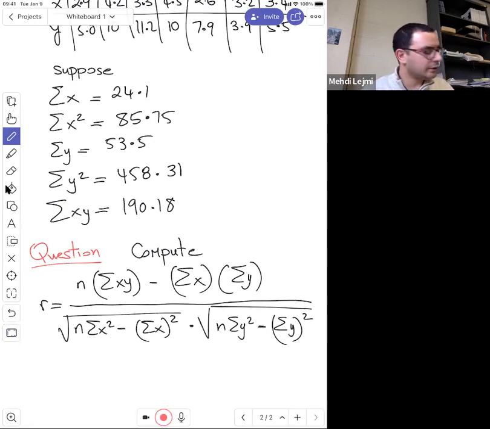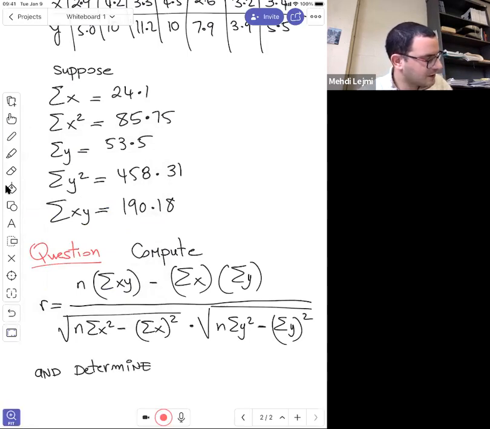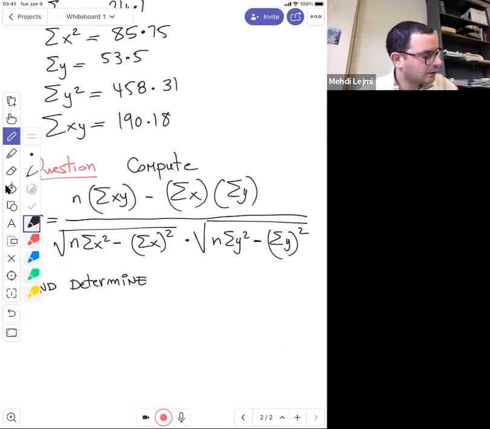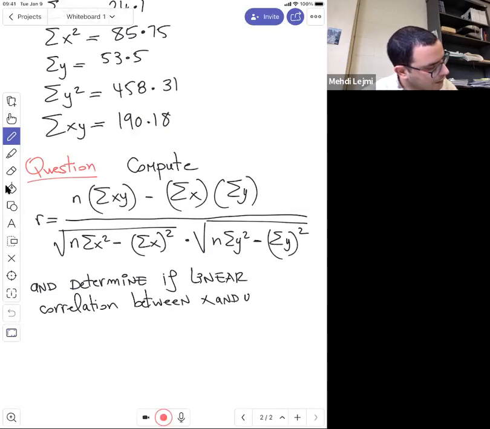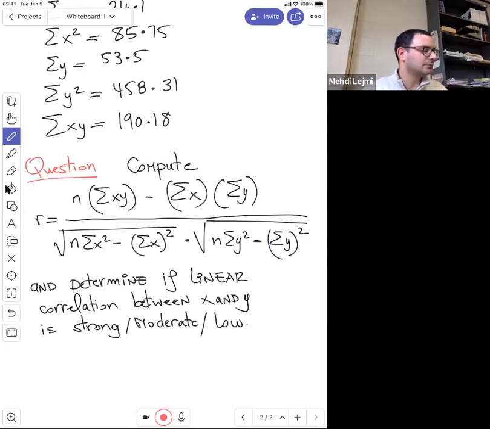So please compute R, and determine if the linear correlation between x and y is strong, or moderate, or low or little, okay?